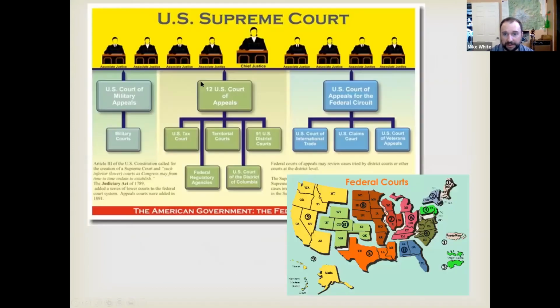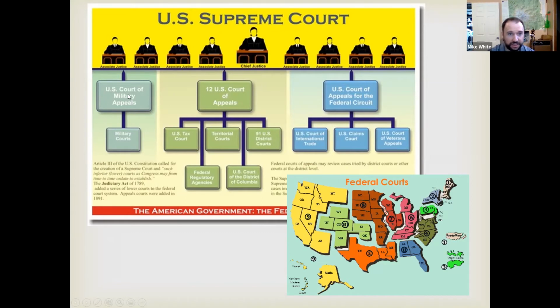Right? So here is a full look at the federal court system. I'm not going to spend a lot of time explaining this, but keep in mind that the judicial branch of the government is more than just the Supreme Court. The Supreme Court is just the highest court when it comes to the federal court system, but there are also lots of different courts at a lower level spread out all over the country.